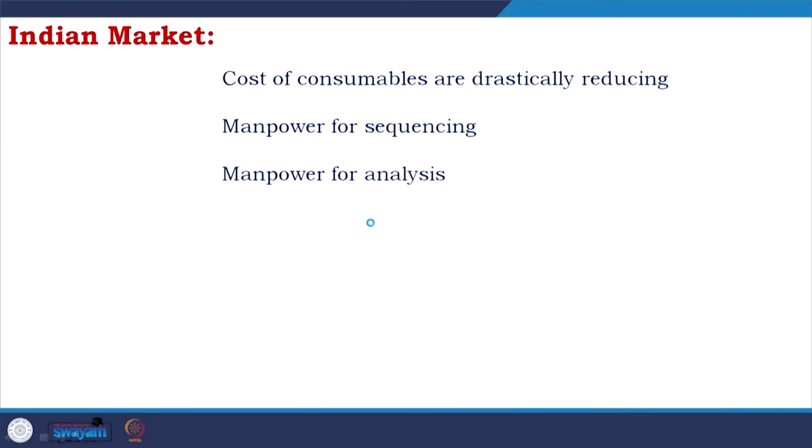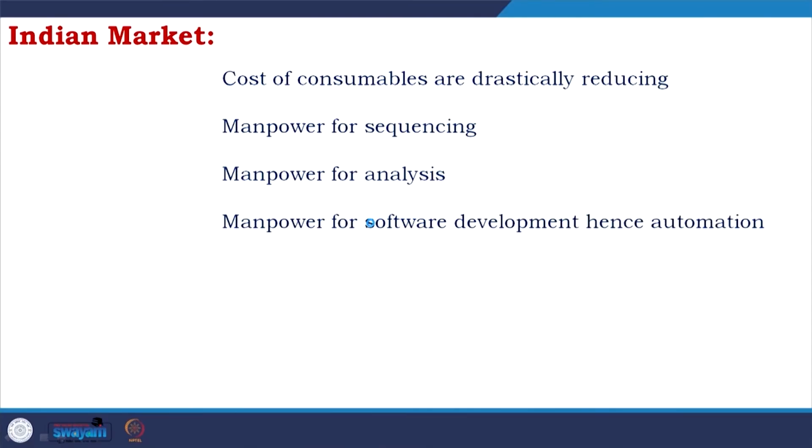Coming to the manpower for analysis, already standing on the boom of software, having many software experts in our hands, analysis people and new software development people are actually much better already there. As I told, manpower for software development and automation, exploring fields other than basic research.